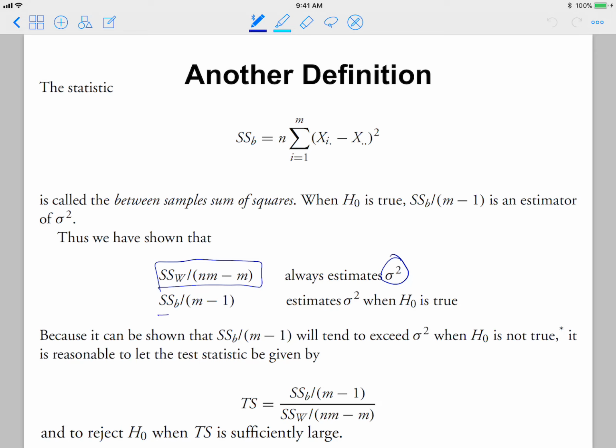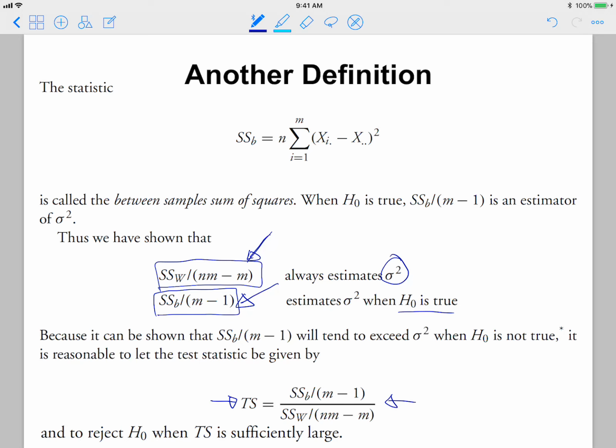But the second estimator is only valid when the null hypothesis is true. Then we can consider their ratio. This one is our test statistic. Each of these is coming from some chi-square distribution, so it can be viewed as the ratio of two chi-square distributions.